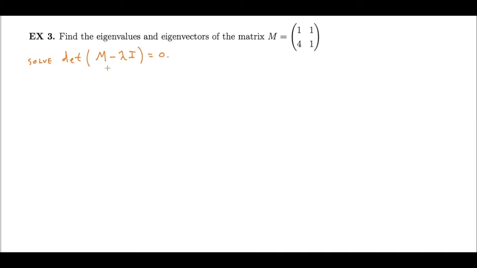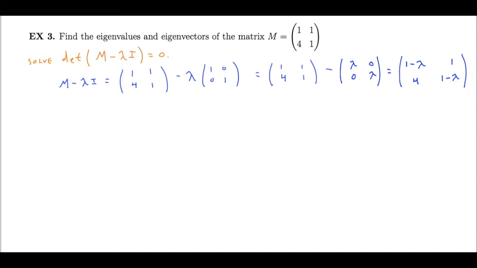Notice that I'm not going to take the determinant of the matrix M itself. I'm actually going to build a new matrix. Let me build that matrix. So this final matrix is the matrix which I will take the determinant of. Just to recap how I built this matrix, I take my original matrix M, and then I subtract lambda times the appropriately sized identity matrix. Here I've used the 2 by 2 identity matrix, obviously.